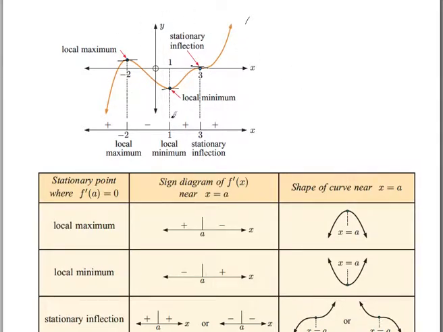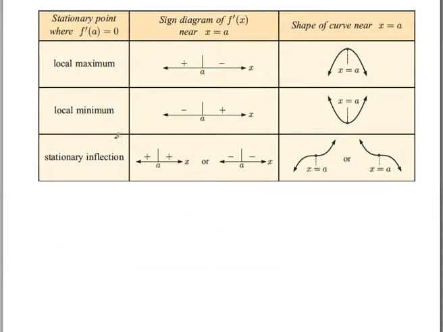You don't have to always graph it. If you look at just the sign diagram, you can figure out whether it's going to be a local maximum, minimum, or stationary inflection. If I see a plus minus, just visualize that it's increasing then decreasing, so I would expect to see a maximum there. Same thing with a minimum.